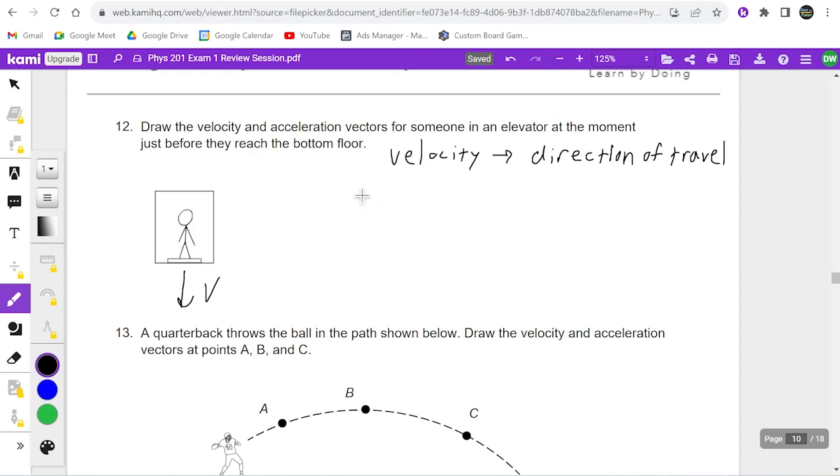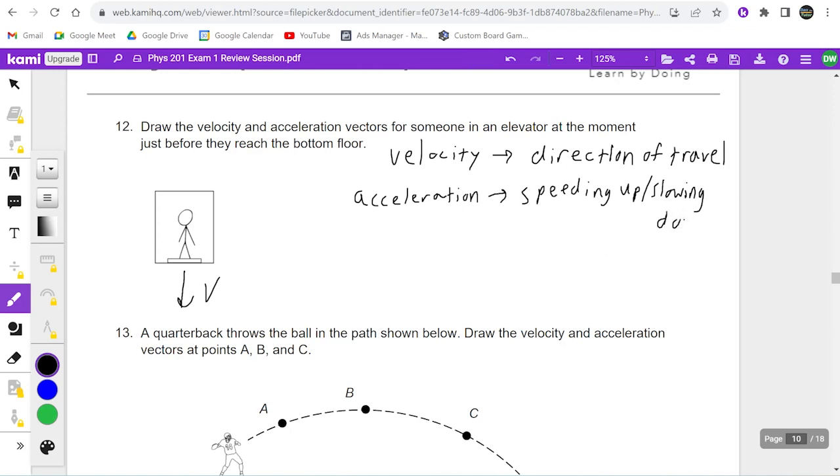Now, the acceleration. For acceleration, I gave the definition before of speeding up and slowing down. It's slowing down because, hold on, I need to write more clearly.